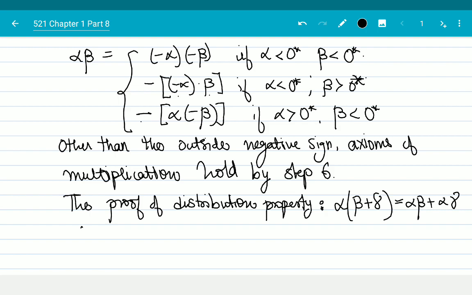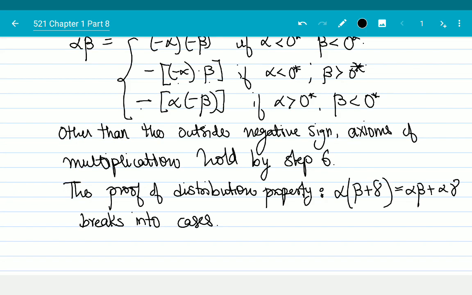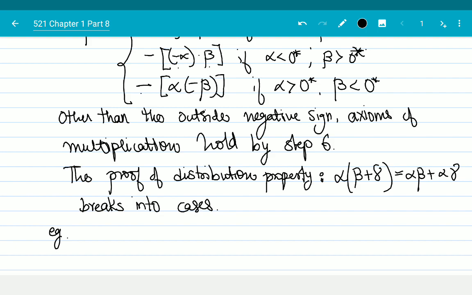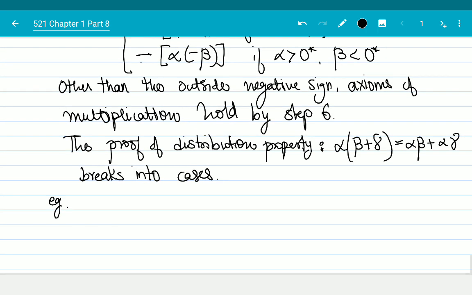It breaks into cases. You'll have to individually do it for all the cases. We're not going to do it for all the cases. We're just going to show it for one case.